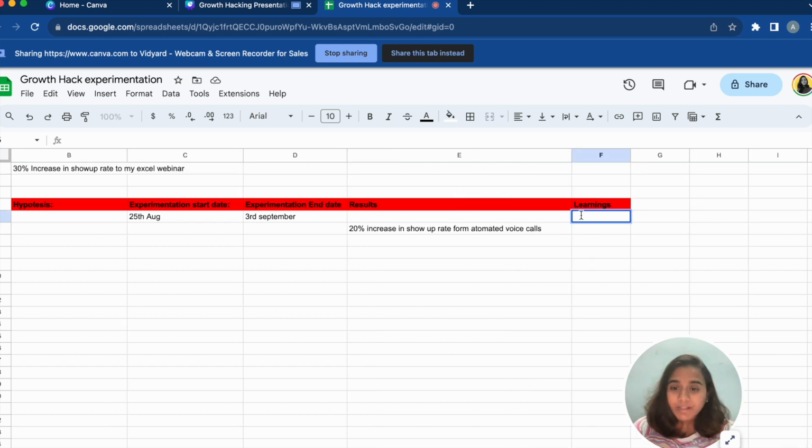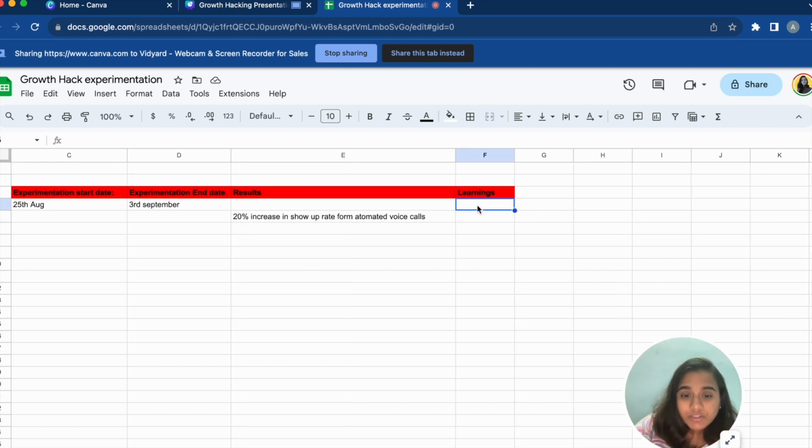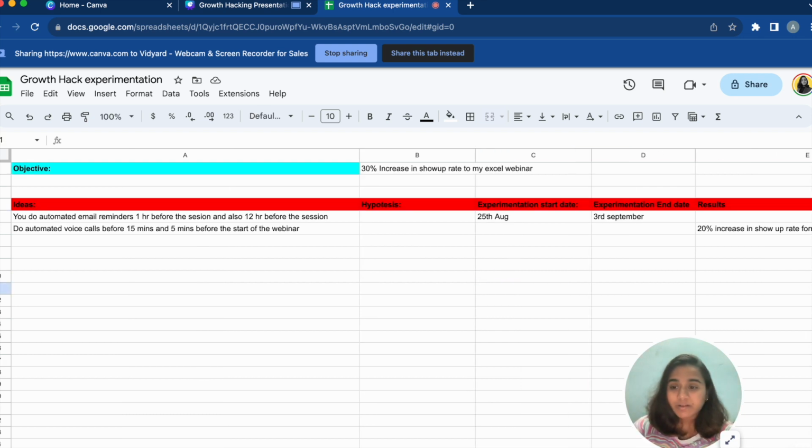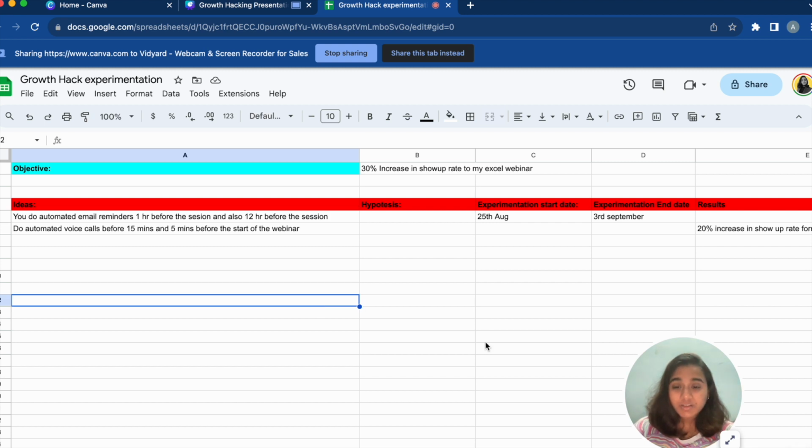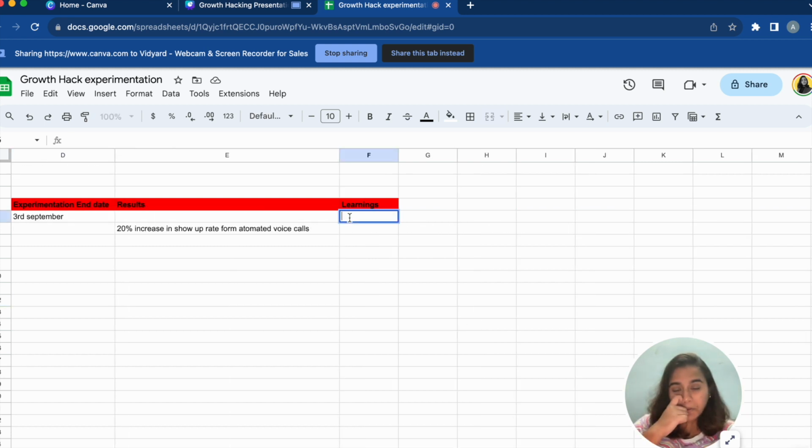So the learning number 1 that we might have here is a lot of people didn't open the email. The open rate of email was just like 8%, but the show up rate increase happened in automated calls, which is about 20% increase. So here you note down the learnings. The first thing that we tried was automated email reminders 1 hour before the session and also 12 hours before the session.